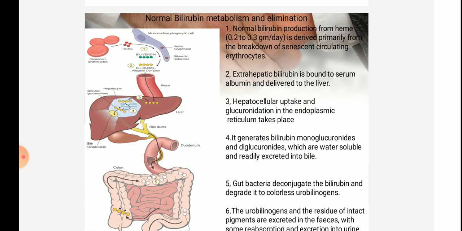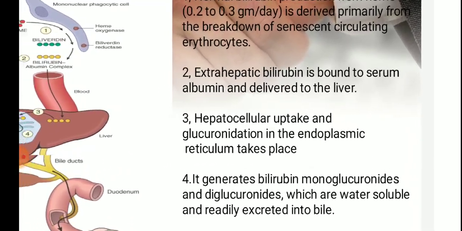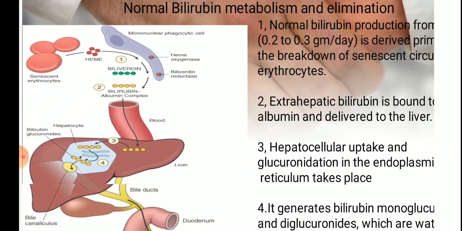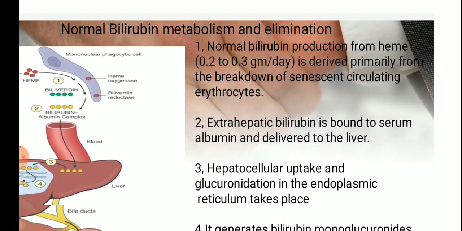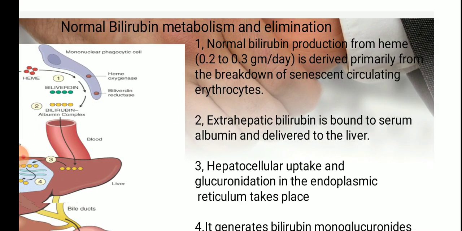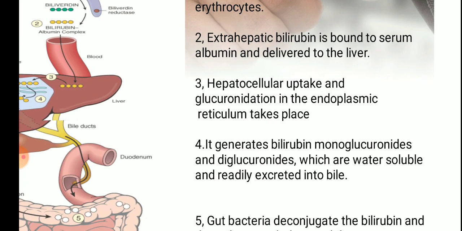This is again the normal bilirubin metabolism shown in the schematic diagram. The normal bilirubin from heme is derived primarily from the breakdown of senescent circulating erythrocytes. Second, extrahepatic bilirubin is bound to serum albumin and delivered to the liver. Hepatocellular uptake and glucuronidation occur in the endoplasmic reticulum.